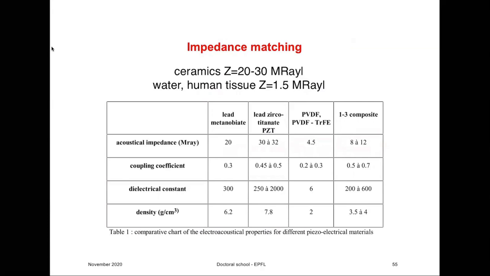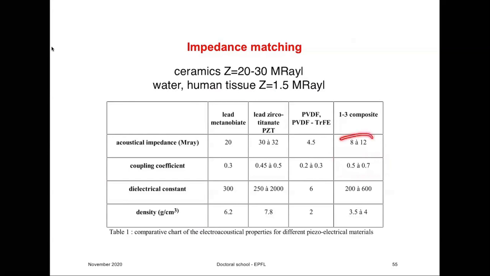Now, the coupling coefficient, the parameter which tells you how much of the energy is transformed, which is the most important parameter in transducers, is very low in the polymers, is large in ceramics, in PZT, for example, and can be very large in 1-3 composites.